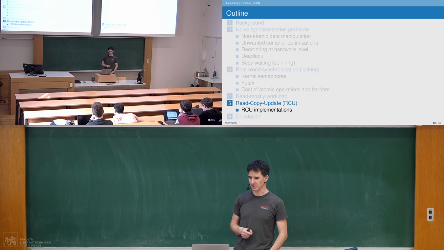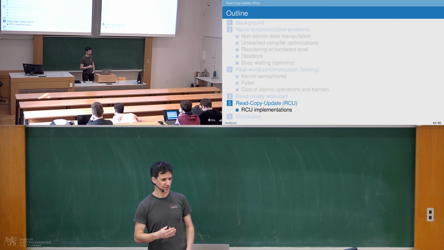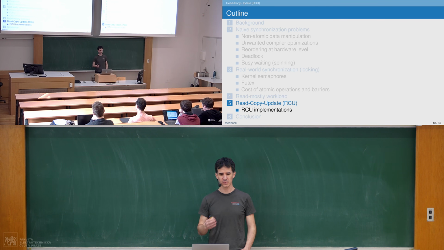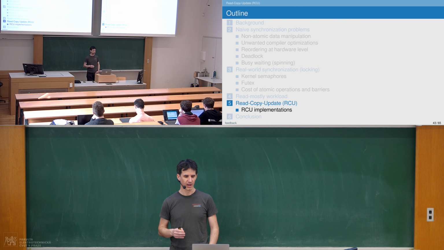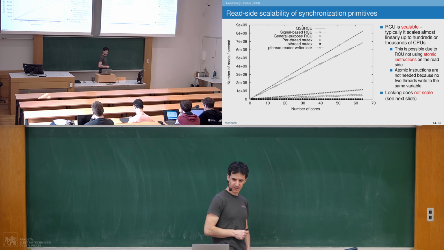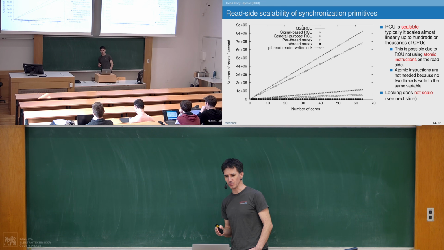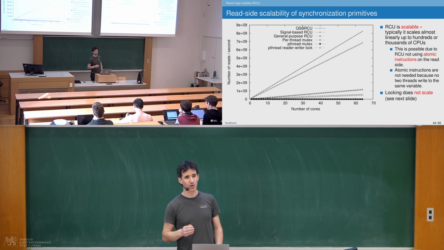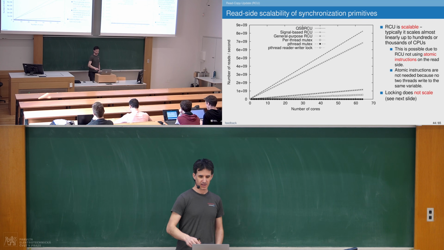The technique actually has different names, but I will use the name which is used in the Linux kernel, and the name for this technique is RCU, which stands for Read Copy Update. And as a teaser, the main advantage of using RCU is that it's a scalable synchronization mechanism for read-mostly workload.